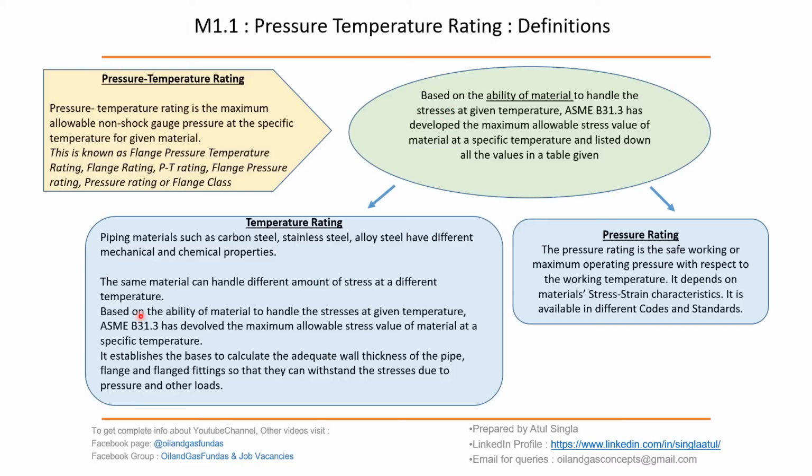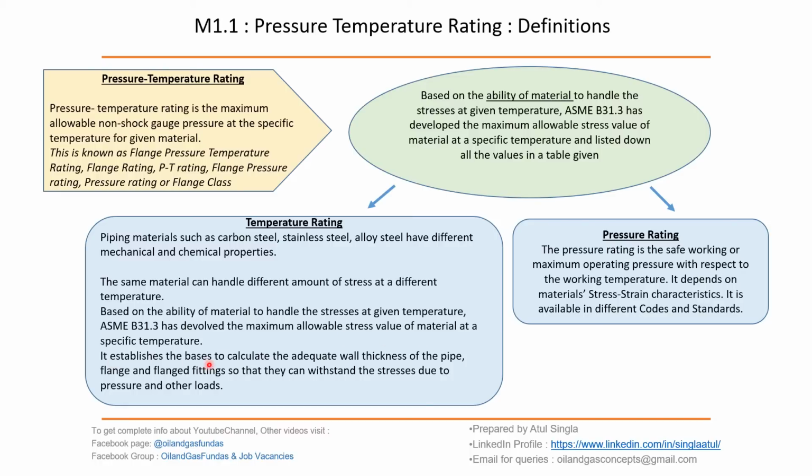Okay, now based on the ability of a material to handle the stresses at a given temperature, ASME has developed a maximum allowable stress value of a material at a specific temperature, which we have already discussed here. Same thing it is here. B31.3 shows the ability of a material at a particular temperature.